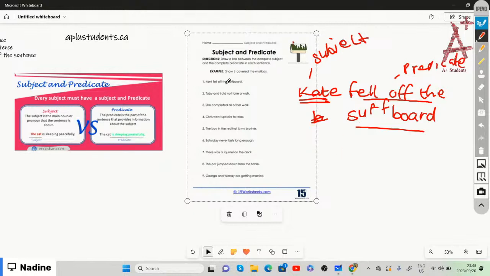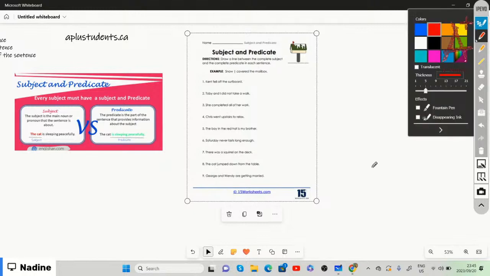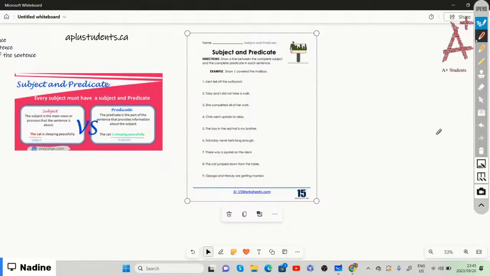So there we have a subject and a predicate within that sentence. All right, grade threes, that is basically the end of our lesson on subject and predicate.